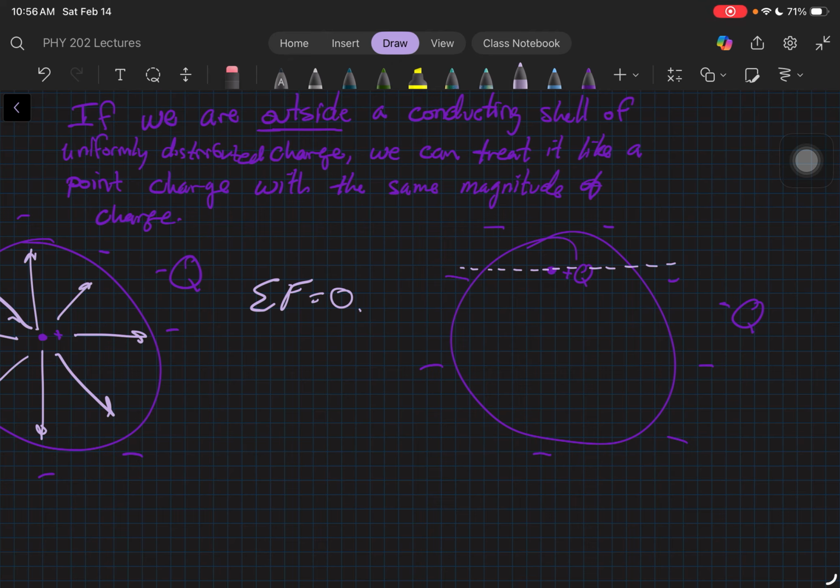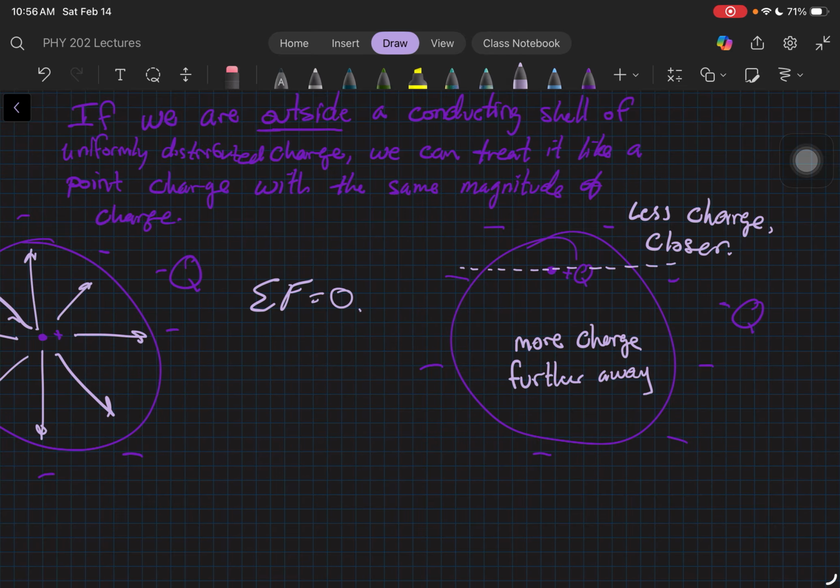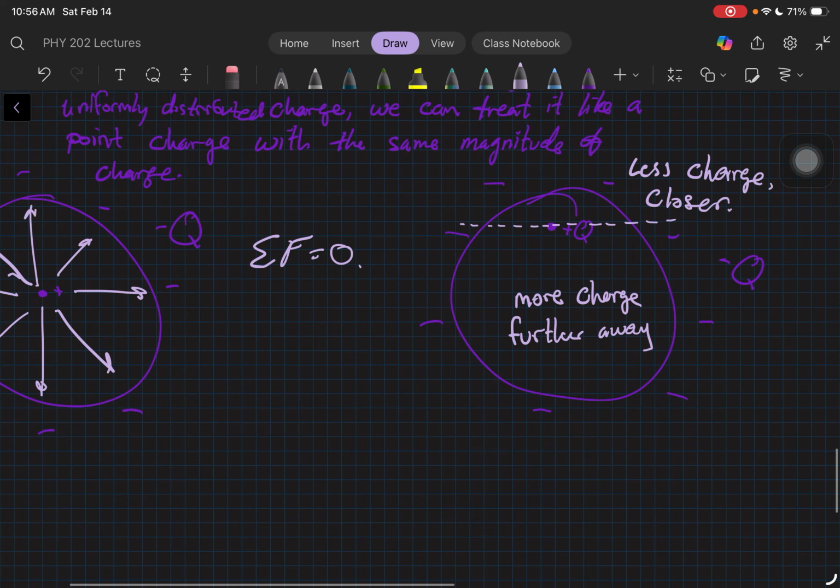And so the idea being that you have more charge down here, but it's further away. Up here you have less charge, but it's closer. And so if we look at Coulomb's law again, right, the R is squared, right? So being further away really diminishes the amount of force you experience.